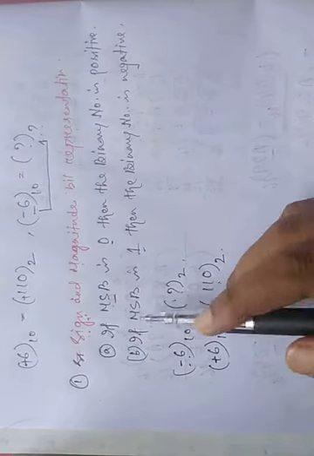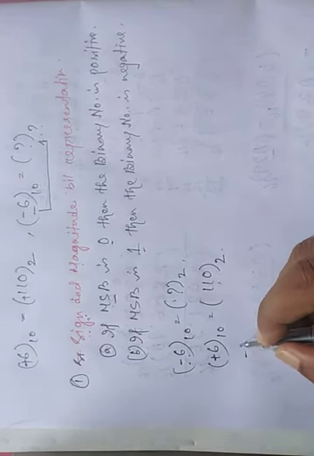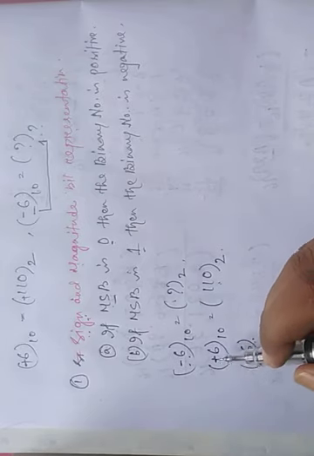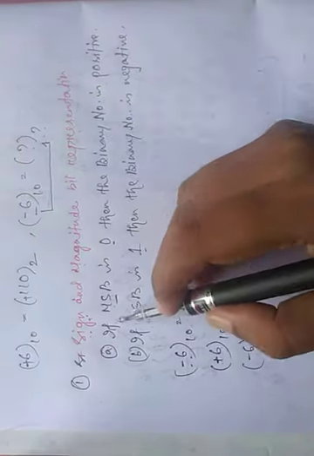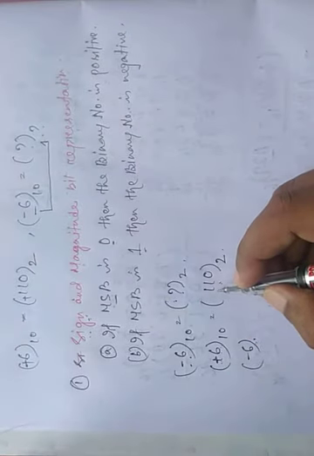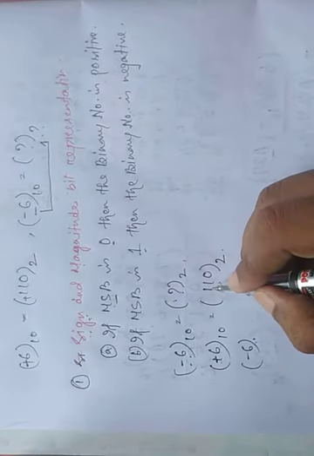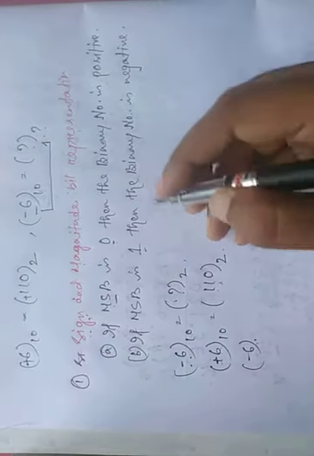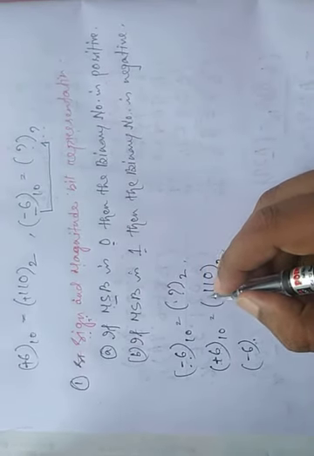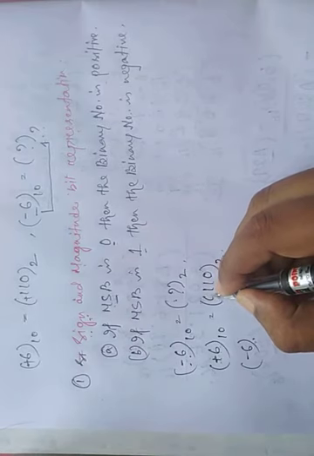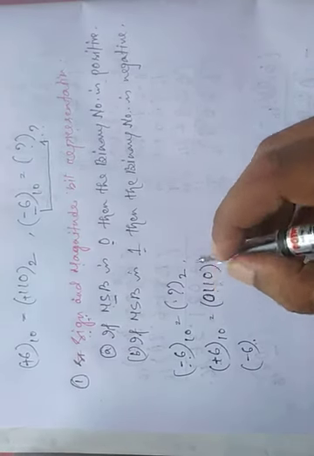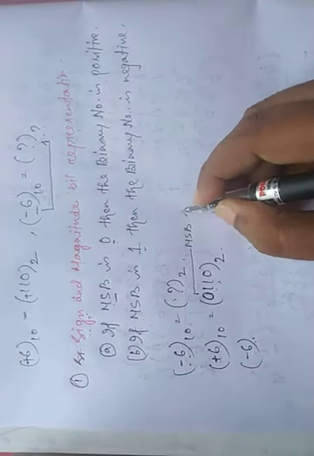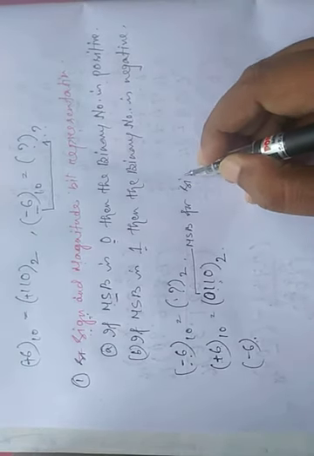Then, for the positive value, we know this is the MSB, but if we change this bit, the number will change. So in order to represent any binary value in sign magnitude, we have to add an extra bit. This is the MSB for sign magnitude.